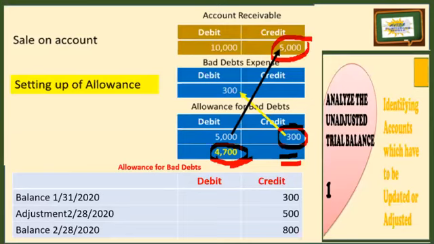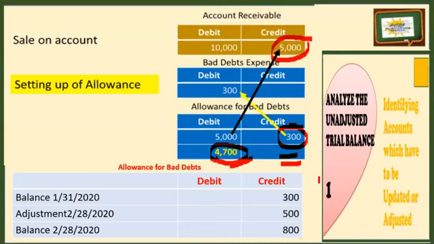So, for example, in periods of recession and high unemployment, like this pandemic, a firm may increase the percentage rate to reflect the customers' decreased ability to pay. However, if the business adopts a more stringent credit policy, therefore there will be a decrease in accounts receivable, it may have to decrease the percentage rate because it is expected to have fewer accounts receivable.